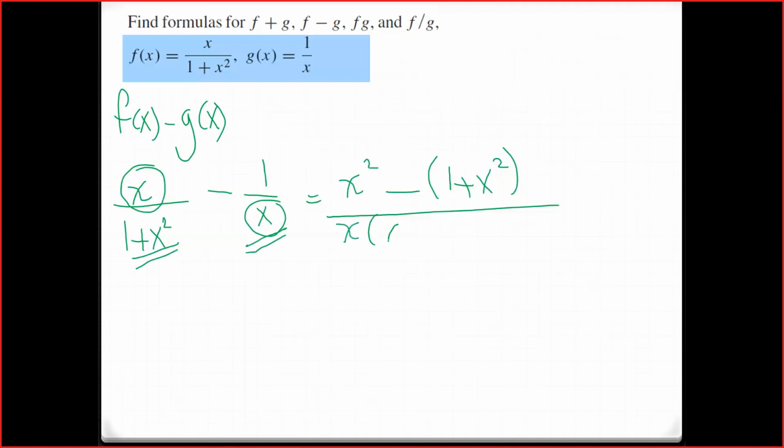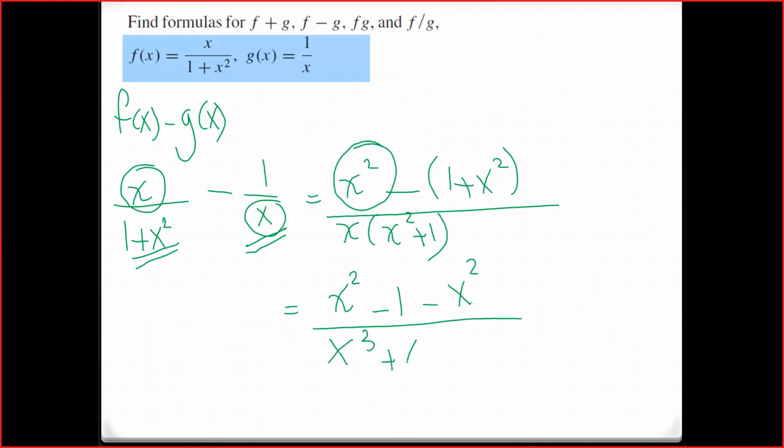So it will be x times x squared plus 1. Then after that, x squared minus 1 minus x squared over x cubed plus x. Then x squared cancels x squared. So the answer here is 1 over x cubed plus x. Teacher, shouldn't it be negative 1? Right, thank you. Negative 1.